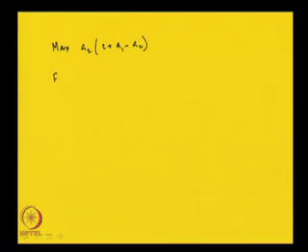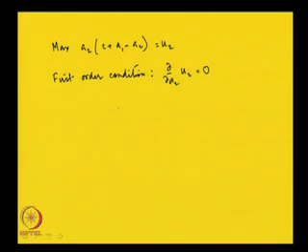So, the first order condition is that I differentiate this with respect to a2 and set this equal to 0, which gives me the following: a2 multiplied by minus 1 plus (c plus a1 minus a2) is equal to 0.